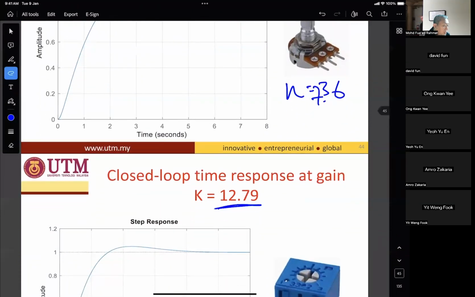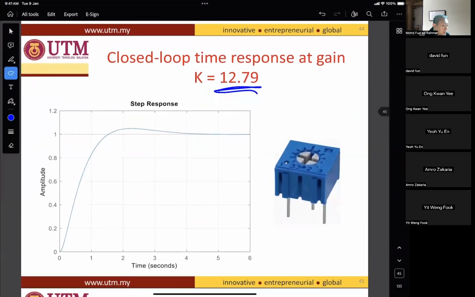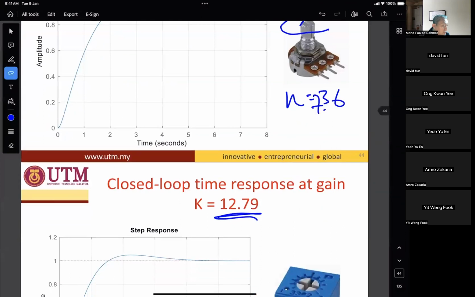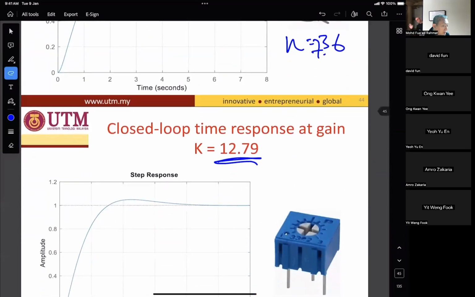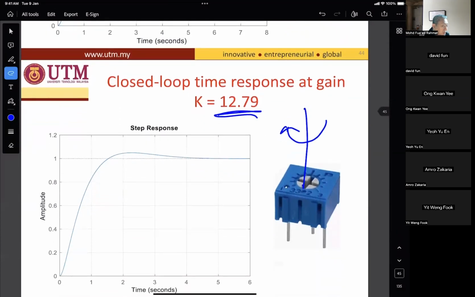Then we increase the potentiometer again. This is one type of potentiometer, which you rotate by hand, the knob. But this one you rotate using a screwdriver, and the small device there is the potentiometer.